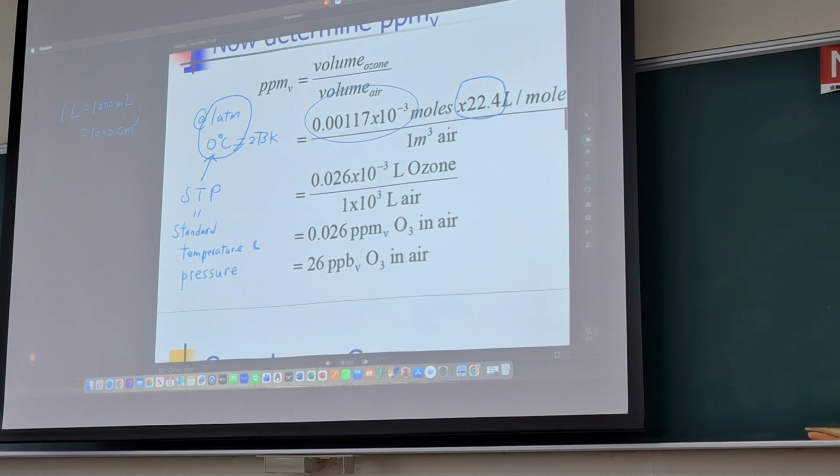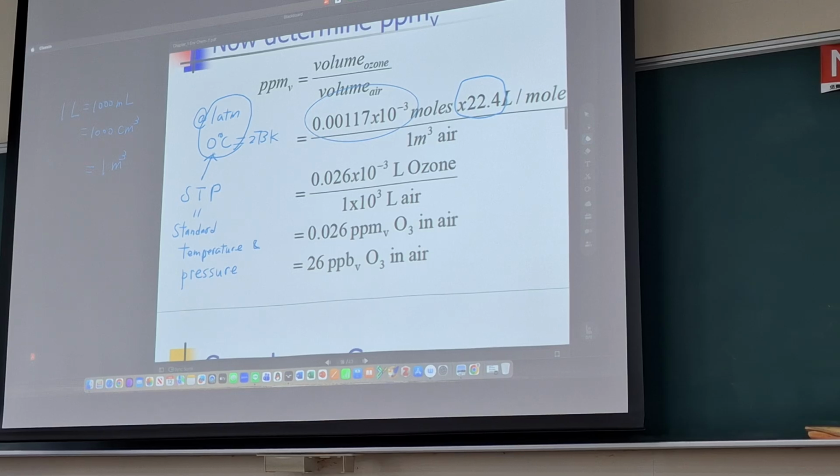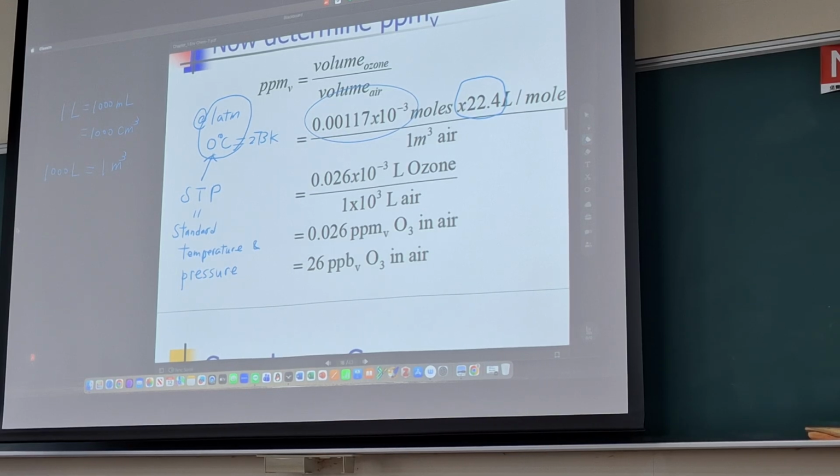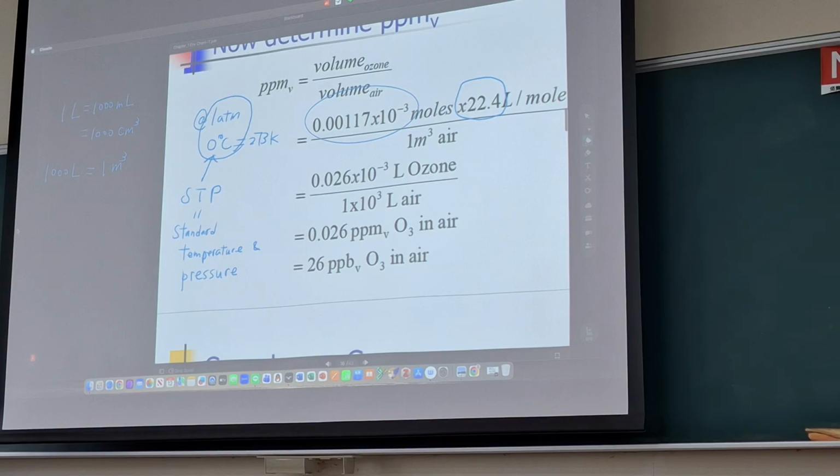So 1 meter cubed equals 1,000 liters, 1 liter equals 1,000 milliliters, and 1 milliliter equals 1 centimeter cubed.